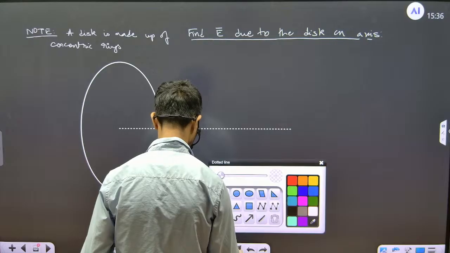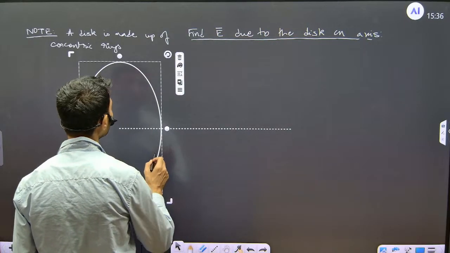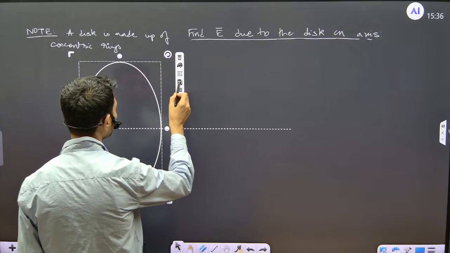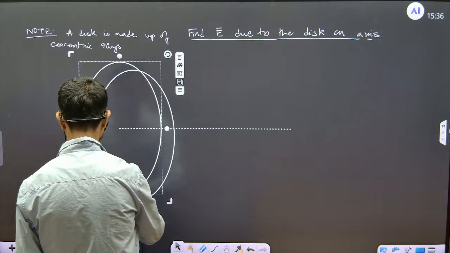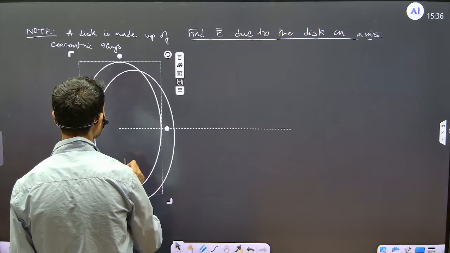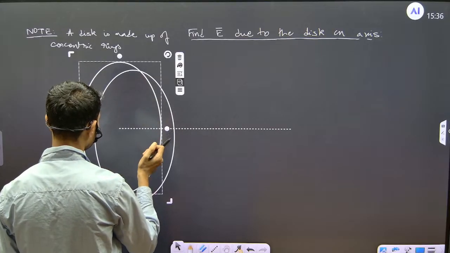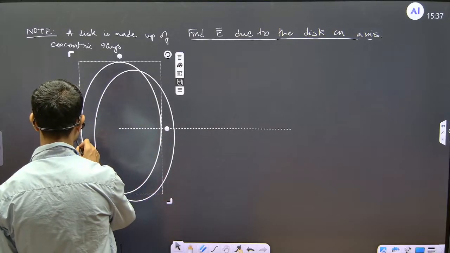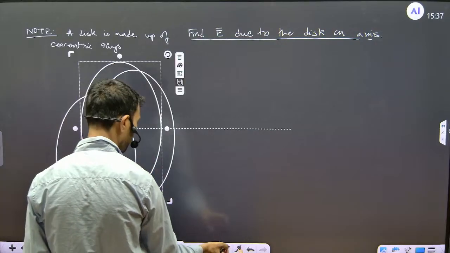So we'll catch hold of one of them like this, make it smaller. How many are there?